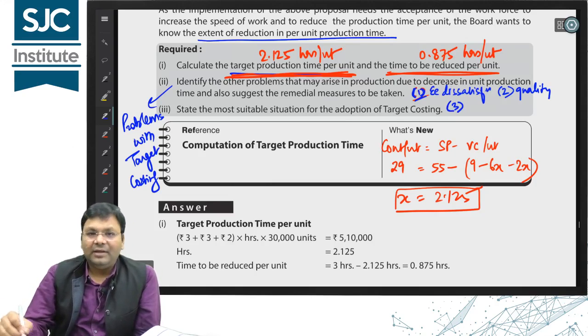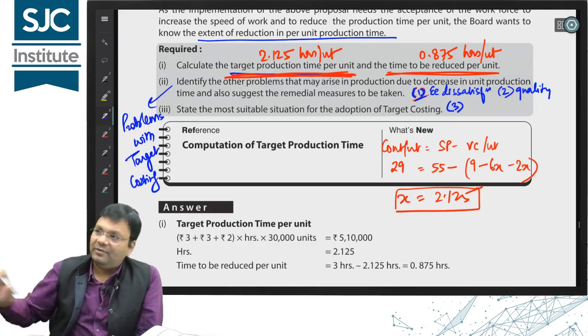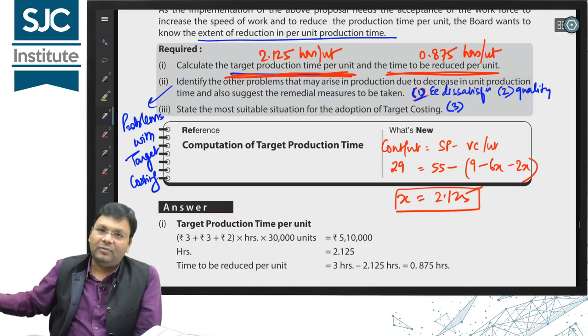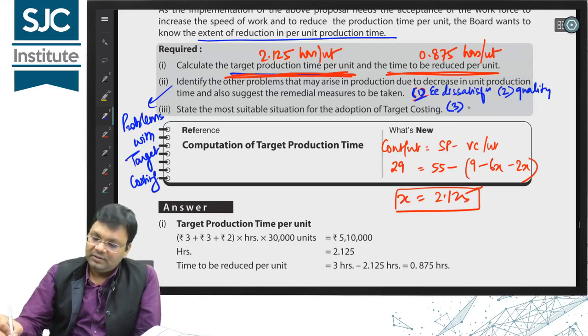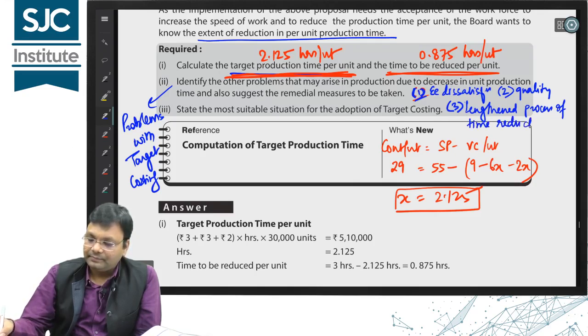So if you are allowing them more time and then you pass the budget, saying, okay, you try, I'll give you some more time, then I'll approve the budget, what will happen? This whole time reduction process may get lengthened. Sometimes time reduction is not achievable instantly.